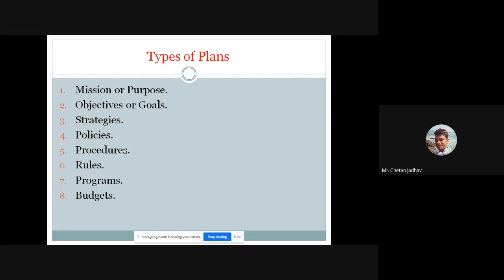Then next, procedures planning. Each and every procedure during manufacturing, and forgetting about only manufacturing, go for all departments and each and every department. There should be one procedure for obeying all the instructions from the organization to the manager.